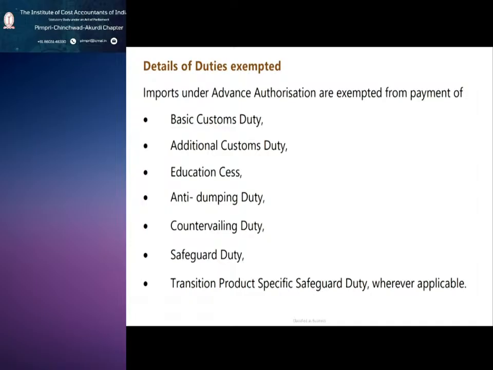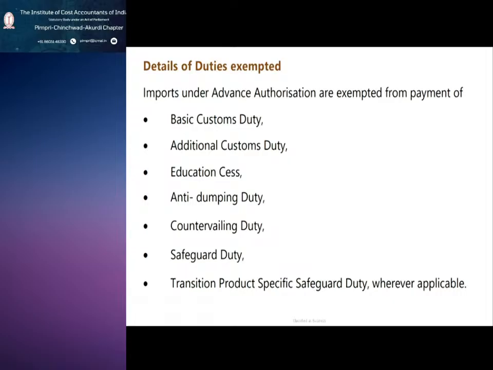Then what are the duties exempted? If you remember, in the difference between advance authorization and the duty free import authorization scheme, we have seen the last point. What are the duties exempted from payment?